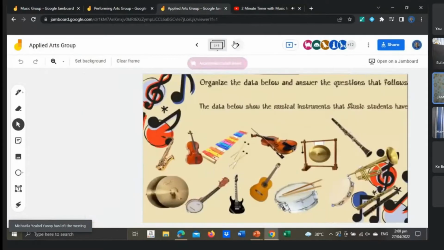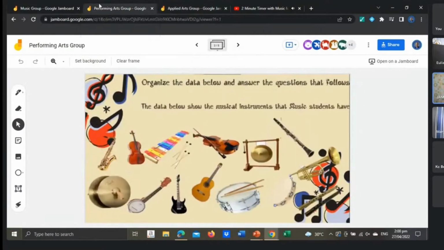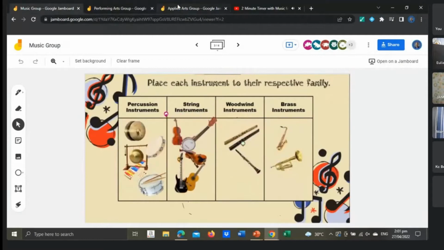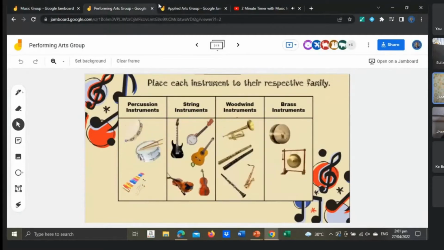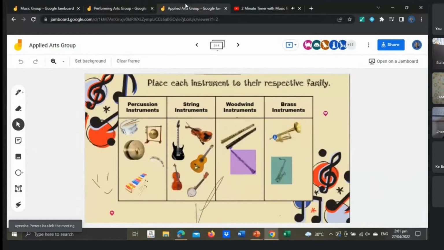Okay, so you are going to place each instrument in their corresponding family. We have percussion, string, woodwind, and brass. Once done, the overall leader will type finish on the chat box.